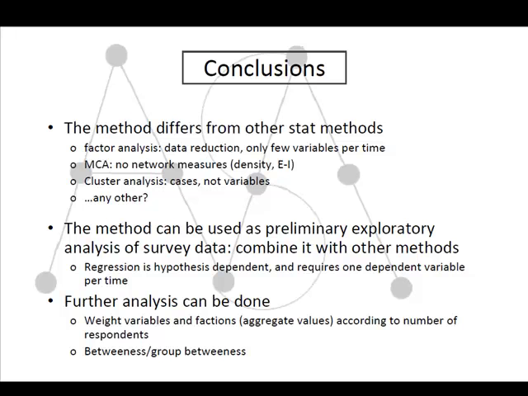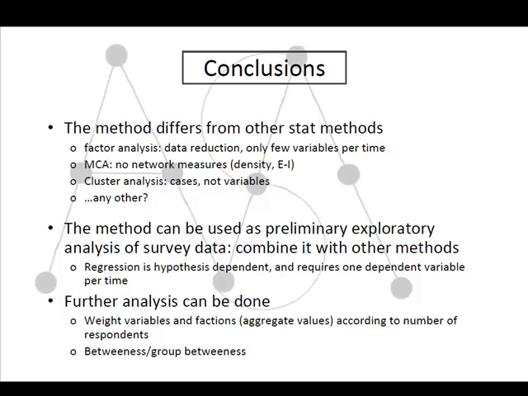We can do a lot more analysis. Obviously, I can weight the variables according to the number of people who answered the question. So I can start seeing, okay, obviously there are variables correlated to each other. But what if my variable correlates to another variable and I only have 100 people answering it? So when you start weighting the variables, you can also see which variables represent my population more.